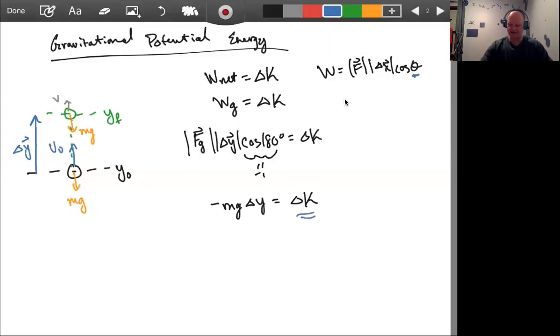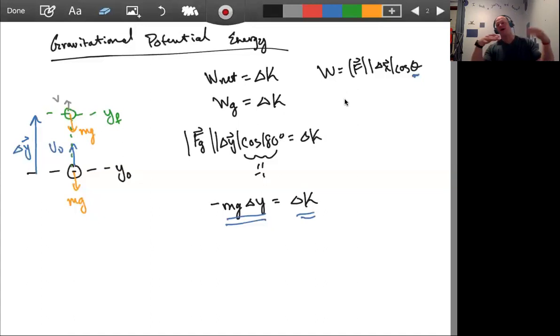So this thing is actually getting smaller, while this portion here is getting bigger. So the negative sign just means that the kinetic energy is getting smaller. I need this negative sign to account for the fact that the kinetic energy here is getting smaller. So again, the right-hand side is a negative number, since the change in kinetic energy is negative. mg delta y is going to be positive since it's moving upward.